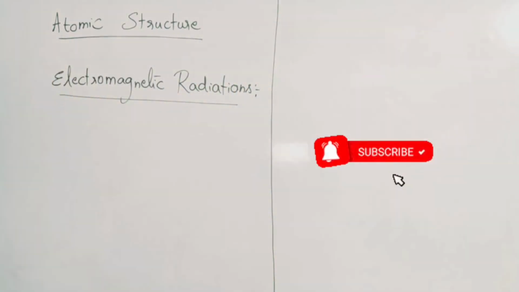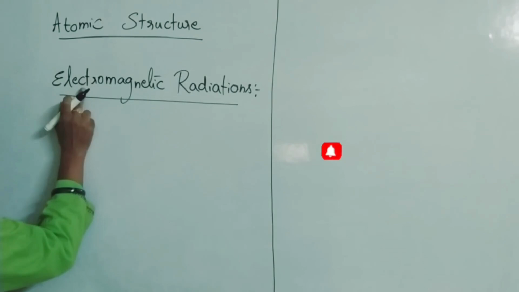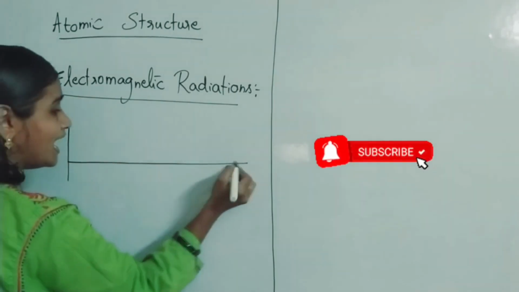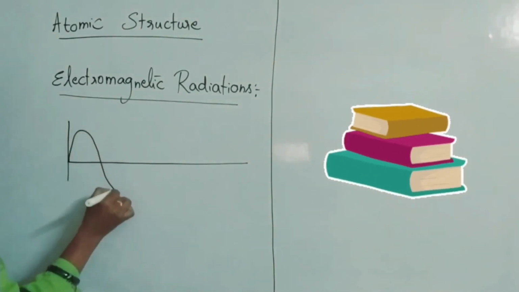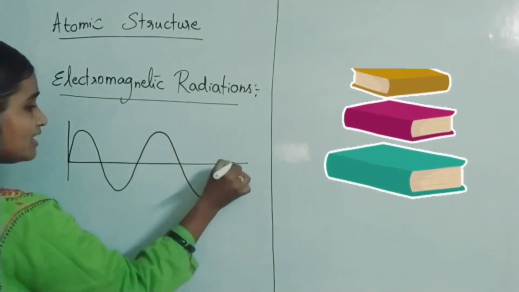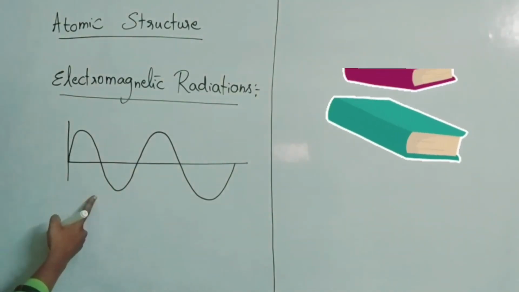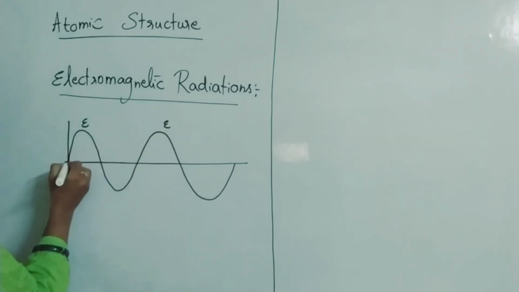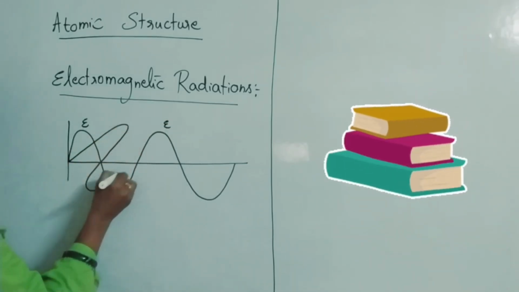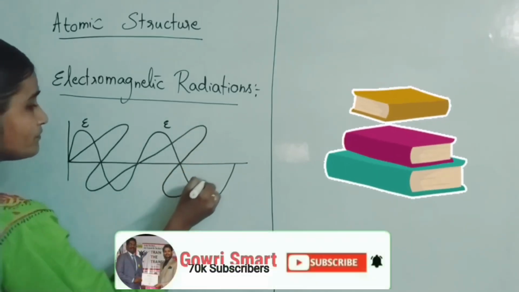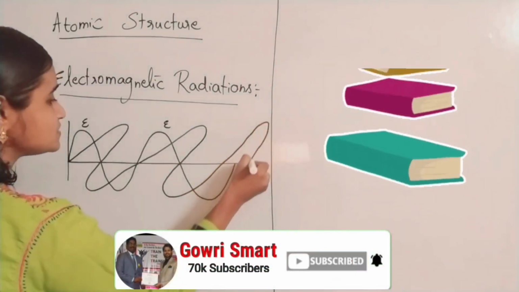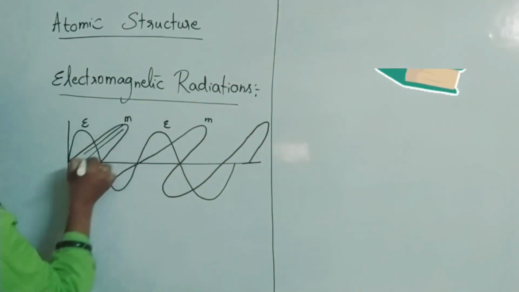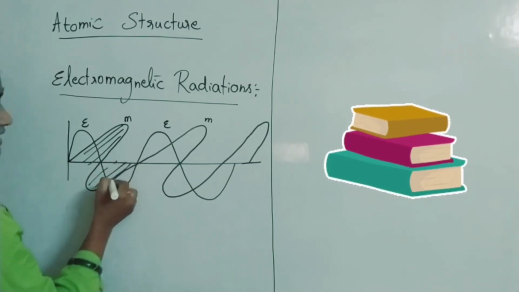Now what are electromagnetic radiations? The name itself explains it. Consider one wave of electrical nature, represented with E, and another wave of magnetic nature.